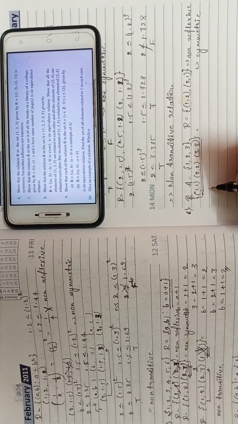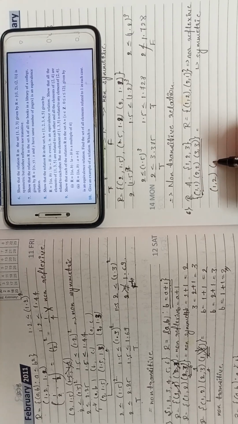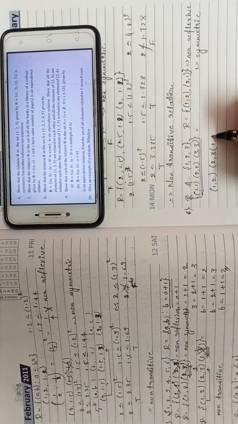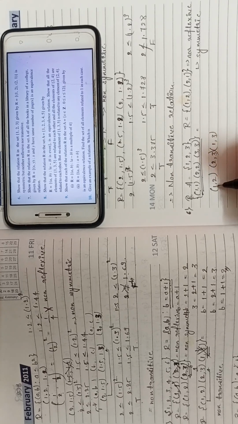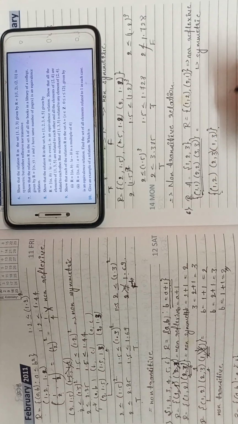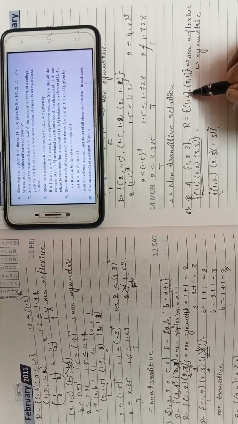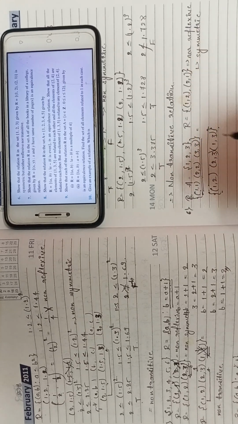Next, transitive. So to check for the transitive, what should I have in the relation? If (1, 2) is there in the relation and (2, 3) should be there, and again (1, 3) should be there. So these three are the elements for the transitive relation, but (1, 2) exists, but (2, 3) and (1, 3) does not exist in the relation.